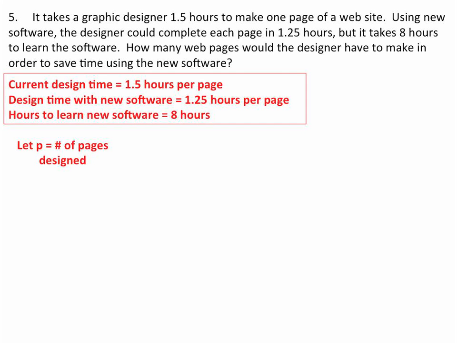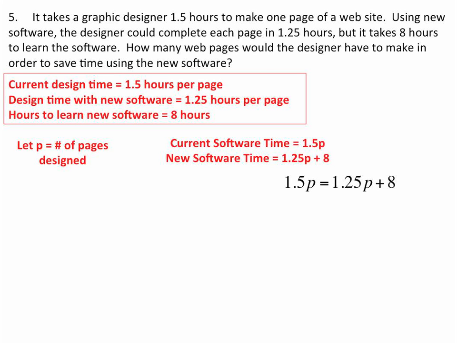So if I let P be the number of pages, then my current software is 1.5 times P, and my new software would be 1.25 times the number of pages, plus that initial 8 hours that I have to invest. So I want to know when they're the same, because anytime before that point, the old one would work better.